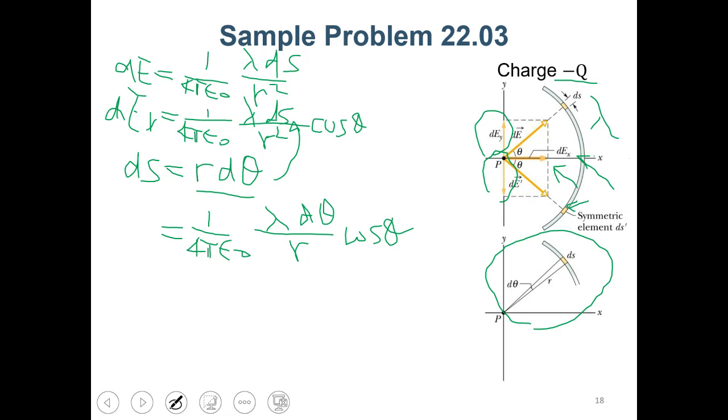And then we want to calculate the total E. This is dEx. So E would be the integral of dEx.